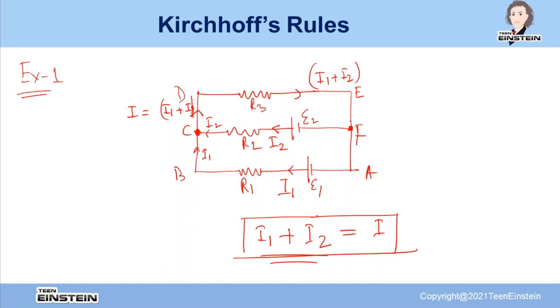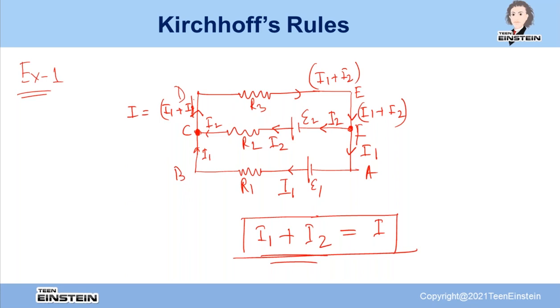As soon as they cross this junction F, this I1 plus I2 gets divided into two currents again. From F to C, this is I2, and from FA all the way up to B, it will be I1. So this is how you have to apply your junction rules.